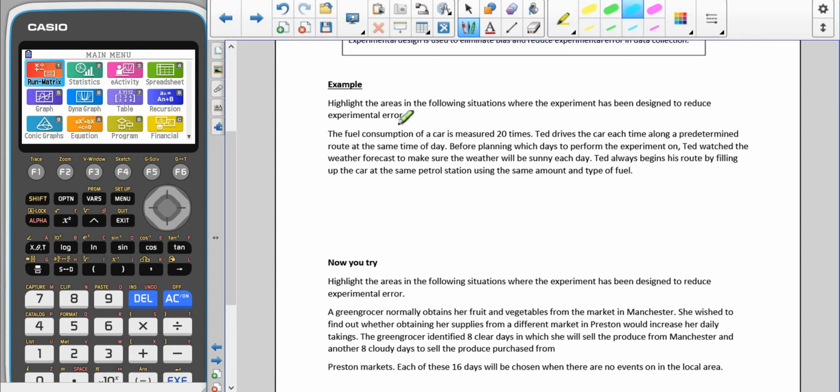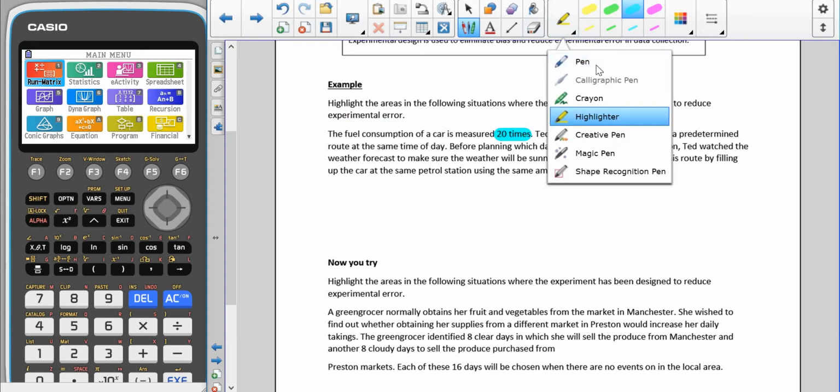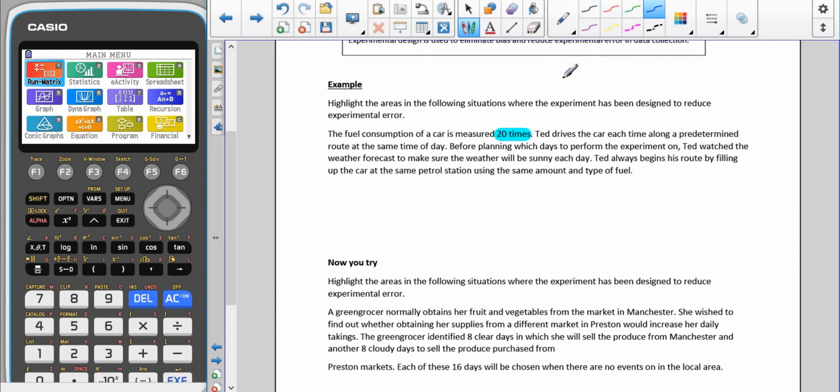So, straight away, the fuel consumption of a car is measured 20 times. By this telling us that they're doing it 20 times, we have replicates. So we're repeating the experiment 20 times.